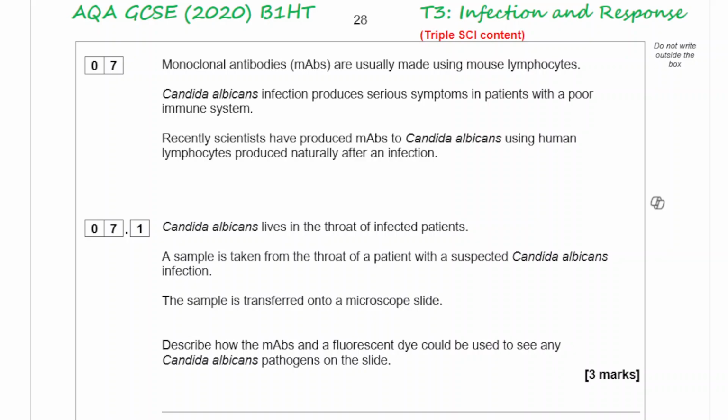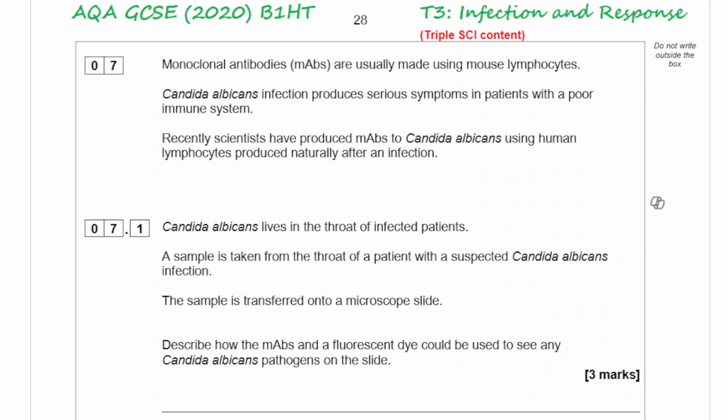Monoclonal antibodies, MABs, are usually made using mouse lymphocytes. Candida albicans infection produces serious symptoms in patients with a poor immune system. Recently, scientists have produced MABs to Candida albicans using human lymphocytes produced naturally after an infection.